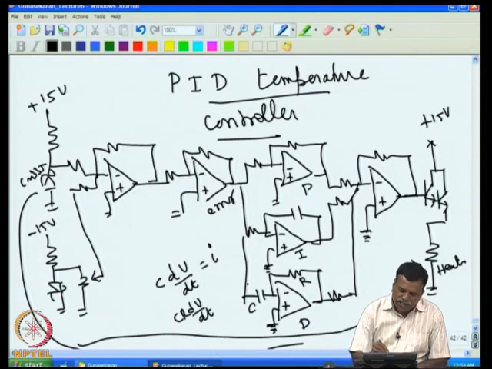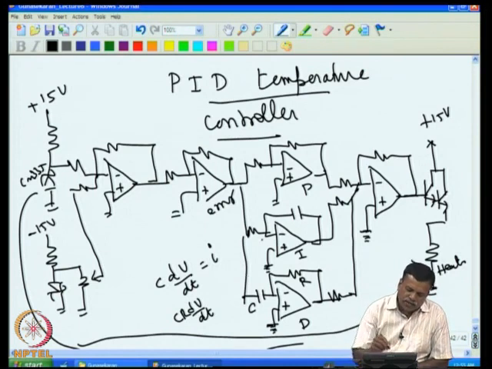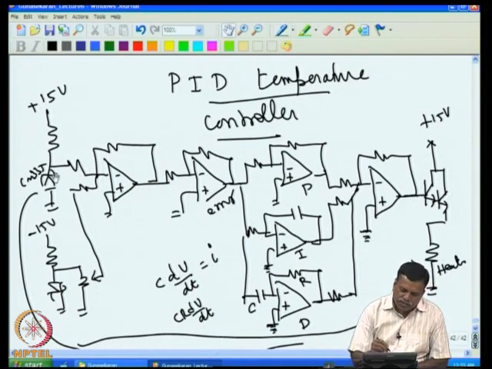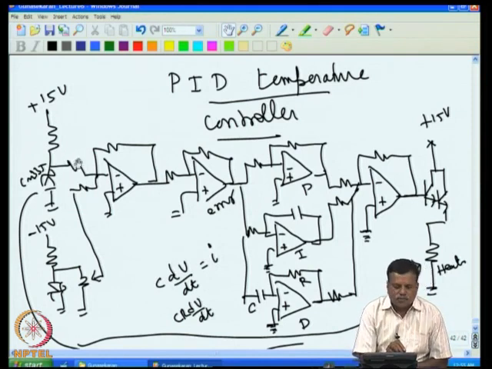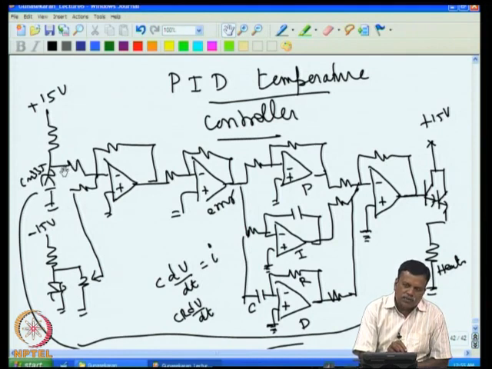Well, dV by dt is the rate of change of this voltage, or actually the rate of change of the temperature here. So a temperature change produces a voltage change here, and the voltage available at this point depends upon the rate of change. If the temperature change is fast, or if it is a mechanical system dealing with positioning and the system is moving fast, then this voltage also will be changing fast.